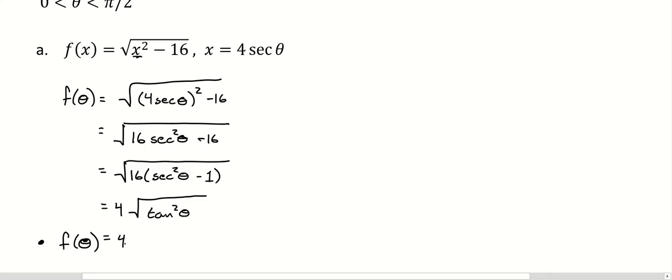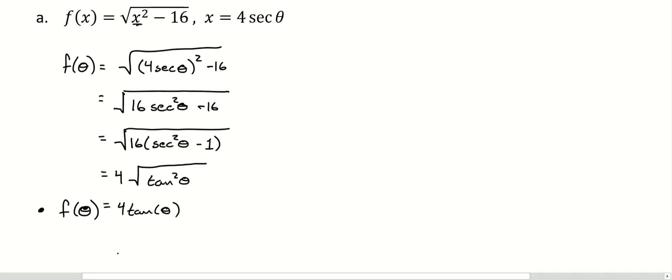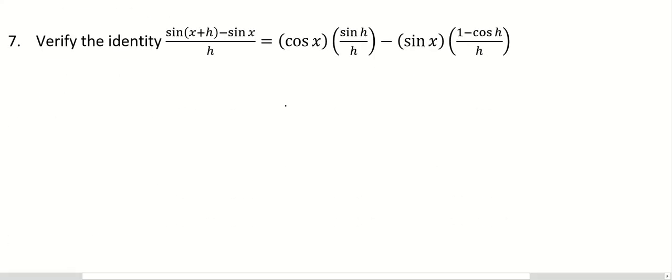Well, the 4 was already here, and the square root of tangent squared is tangent. And we have successfully rewritten this awful thing as a singular function with theta as its variable, and it's nice. If you struggle with this, it is 100% Pythagorean identity. Be prepared to use them. You will be using them, I assure you.